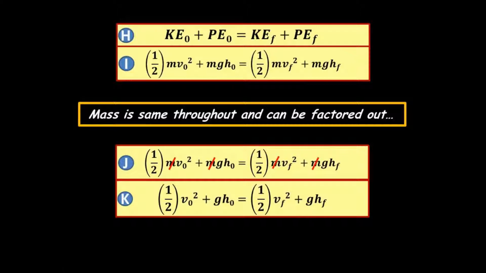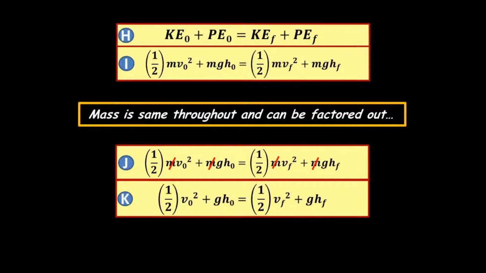Equation H is the same as equation G. That is, the initial kinetic energy plus the initial potential energy will equal the final kinetic energy plus the final potential energy. Expanding kinetic energy, 1/2 mv squared, where you have initial velocity, and the initial potential energy, mgh, where h is the initial height.